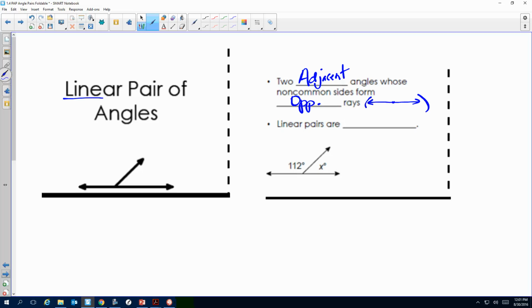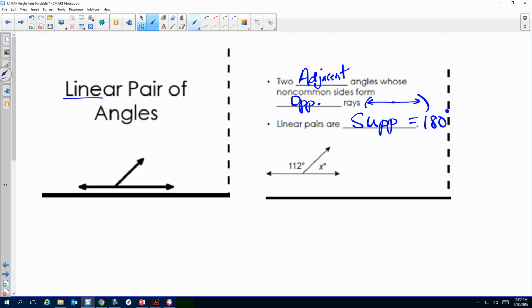Linear pairs are, and this is my abbreviation for supplementary, SUPP, meaning they equal 180. Linear pairs are supplementary, so they have a sum of 180 degrees.